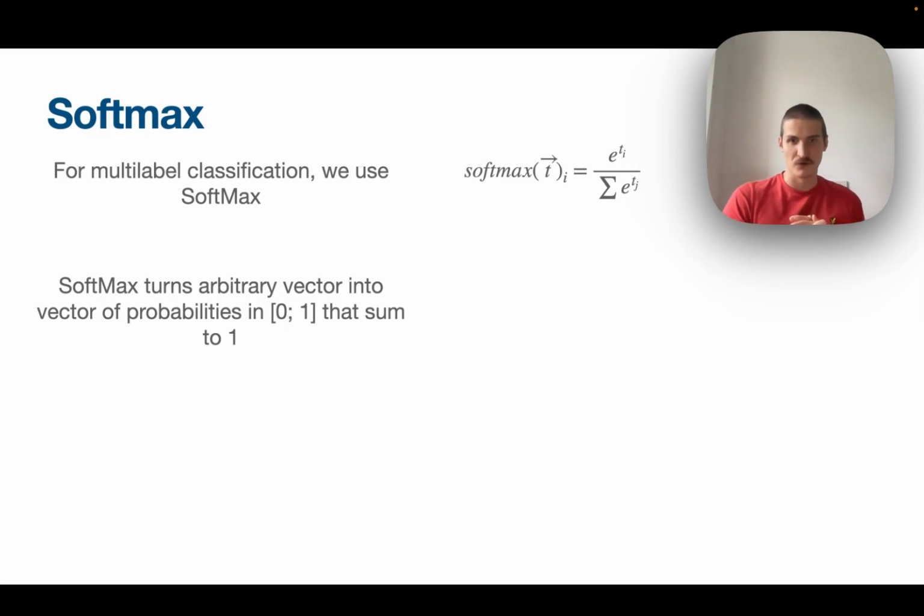This is the precise formula for softmax, but basically all it does is turn a vector of any numbers, in any range, into something that can be interpreted as probabilities. So every coordinate after softmax is from 0 to 1, and the sum adds up to 1 as well.